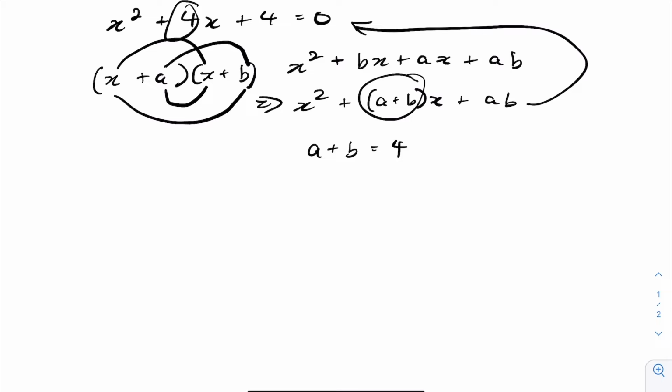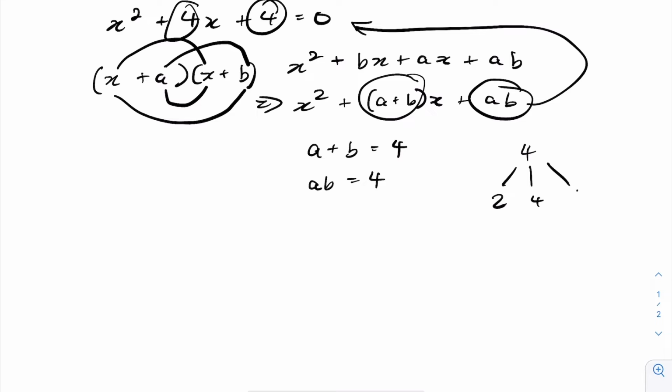And then over here, there's no x, so the constant here is ab, but over here it's 4. So that means ab equals 4. And we have to find values that fit that. So we first find the factors of 4, which would be 2, 4, and 1.